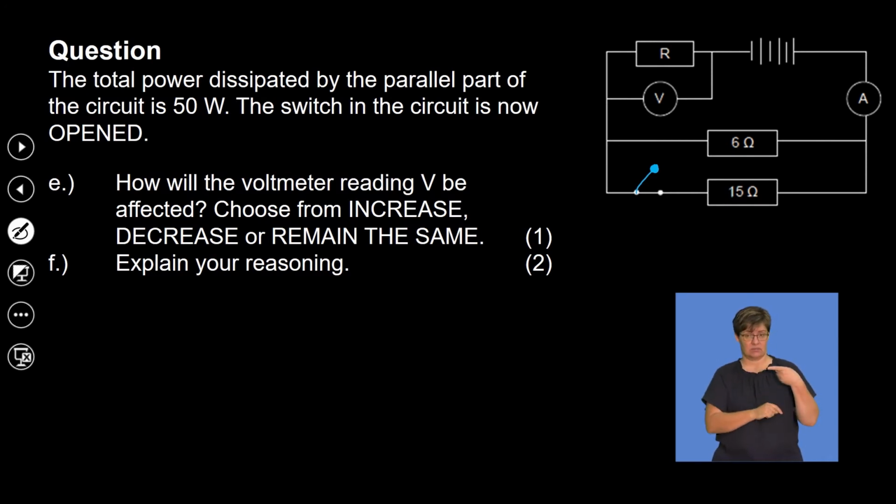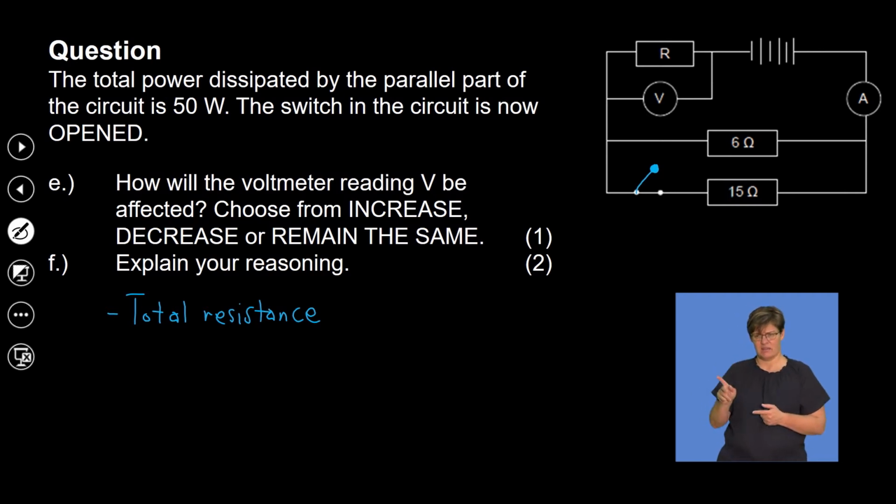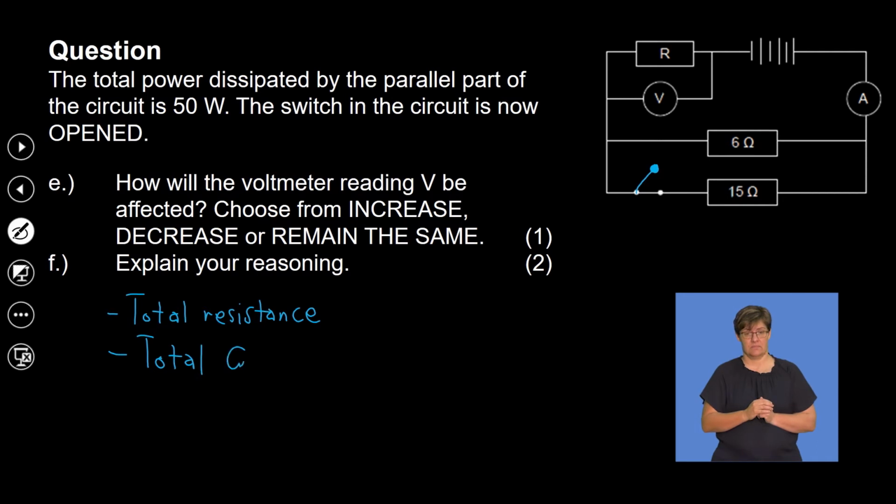It means, number one, let's appreciate that the total resistance in the circuit increases. So if the total resistance in the circuit increases, what does that mean in terms of the current? Total current will decrease.